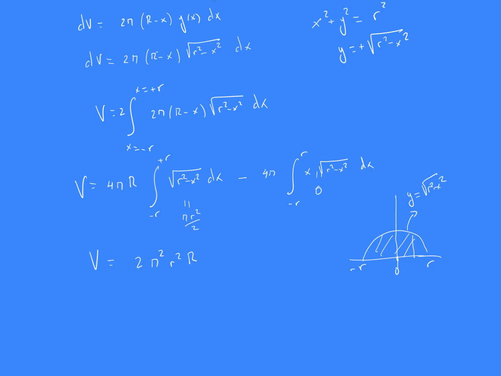I don't know yet how to solve it, but it corresponds to the integral of an odd function. And as you remember, and we practiced before, an odd function has an area between minus r and r of 0. So this integral has to be 0. So we found the volume.